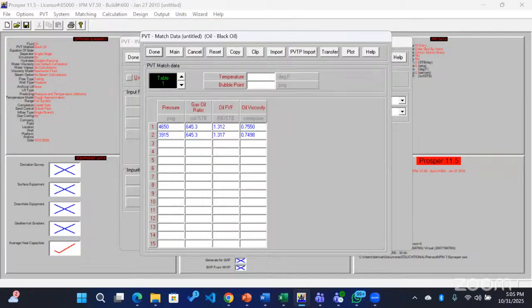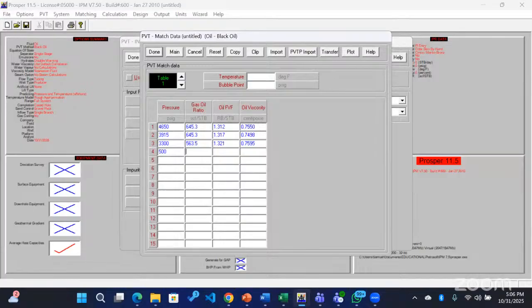Let's do for live, 5.3300 versus 3.5, 1.321, 0.7595. Let me just enter one more to save time.